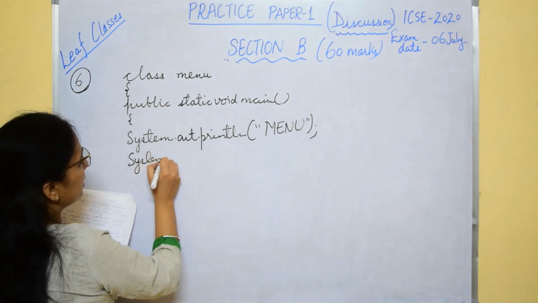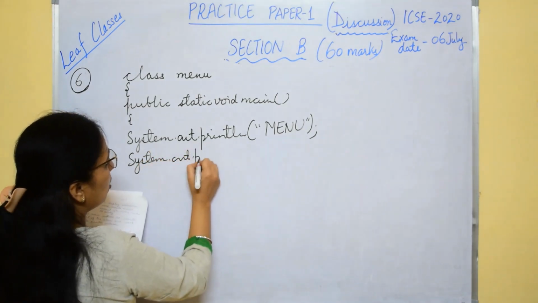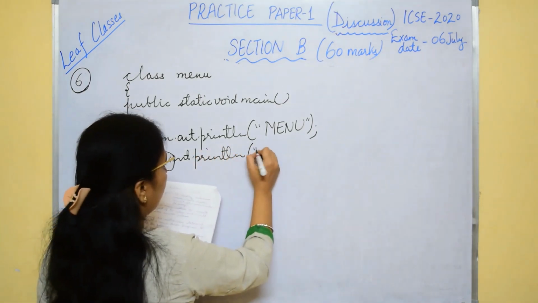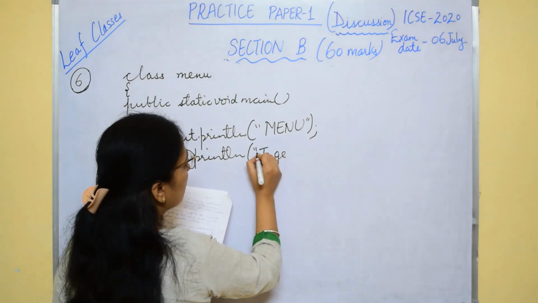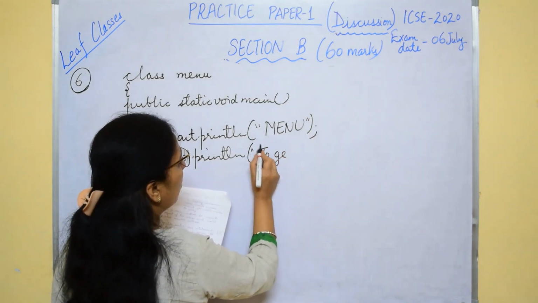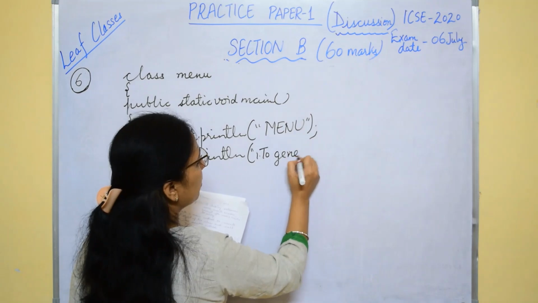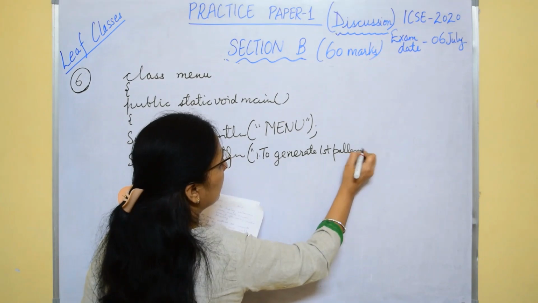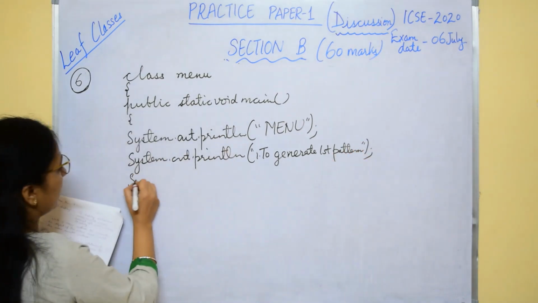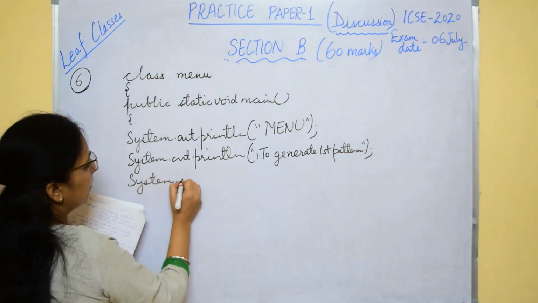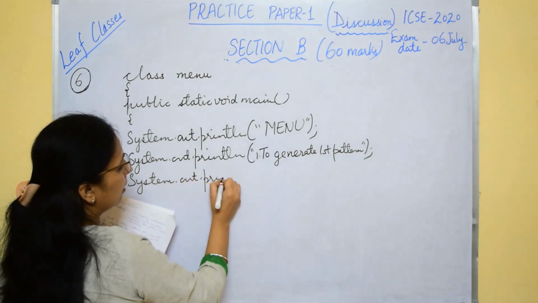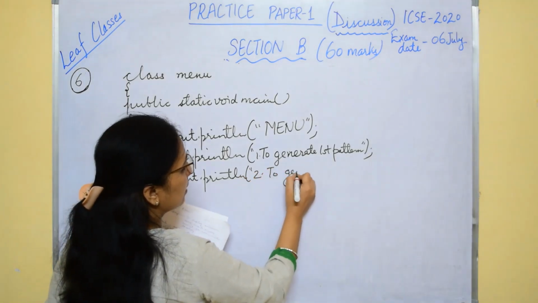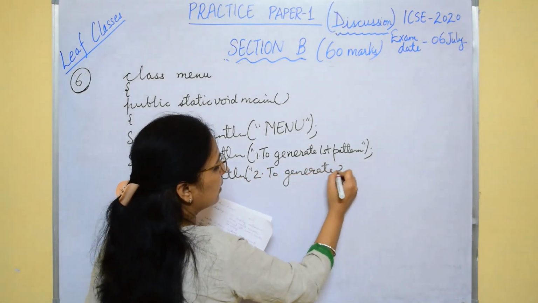Then you can write System.out.println, and the first option, option number 1, is to generate first pattern, and the second is to generate second pattern.